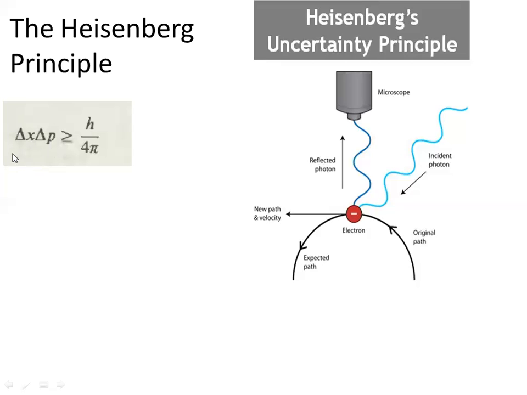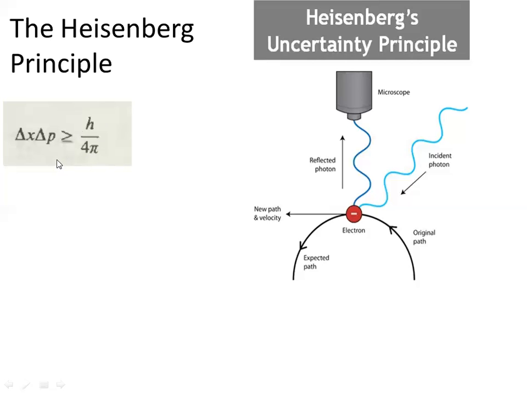This delta is actually the uncertainty. He identified that the product of the uncertainty in position and the uncertainty in momentum will always be at least equal to or greater than h/4π. H is the Planck constant, 4 is a constant, pi is a constant, and this factor remains constant.